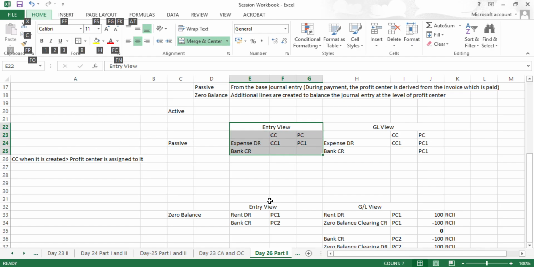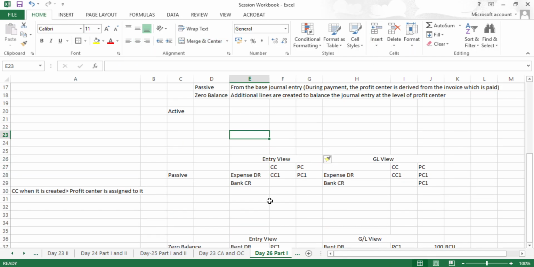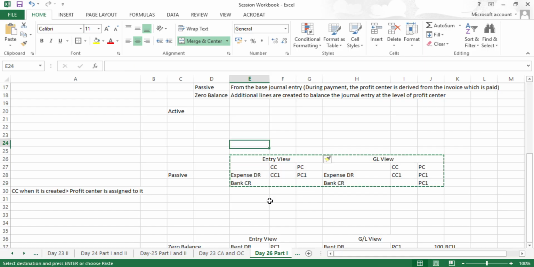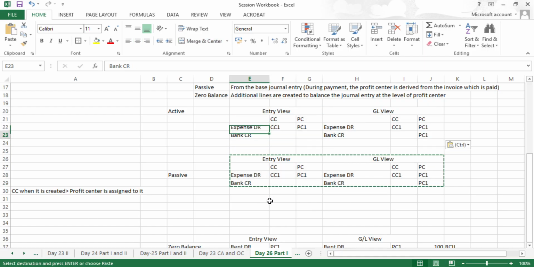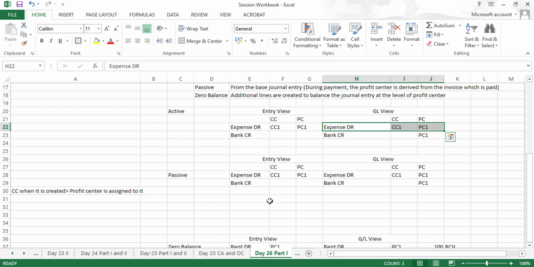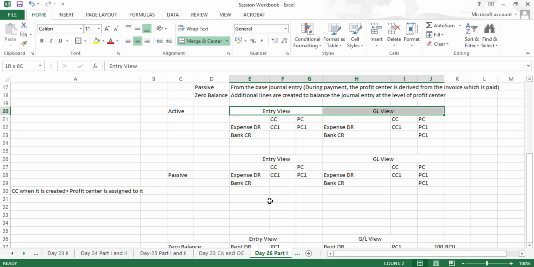This also explains active document splitting. This is the example of active document splitting, that is, a line which does not have a profit center. In this example, the bank derives the profit center from the line having the profit center, that is the expense. So this is the example of active document splitting.